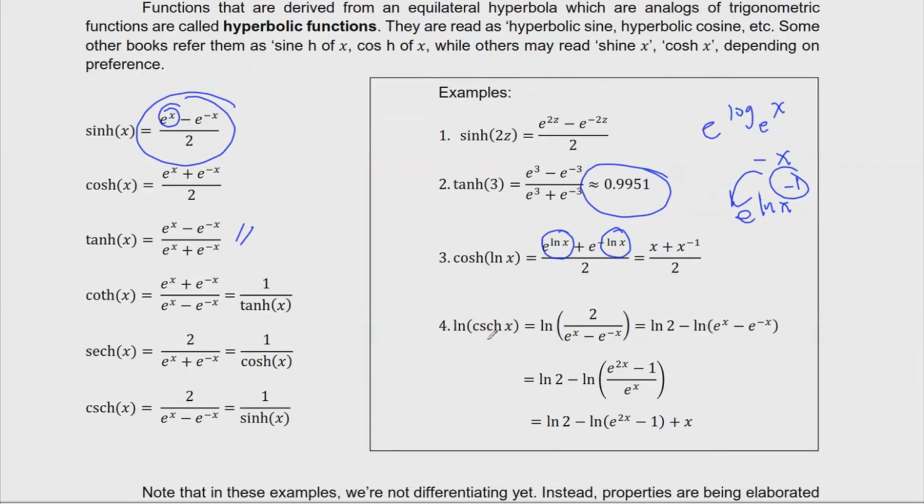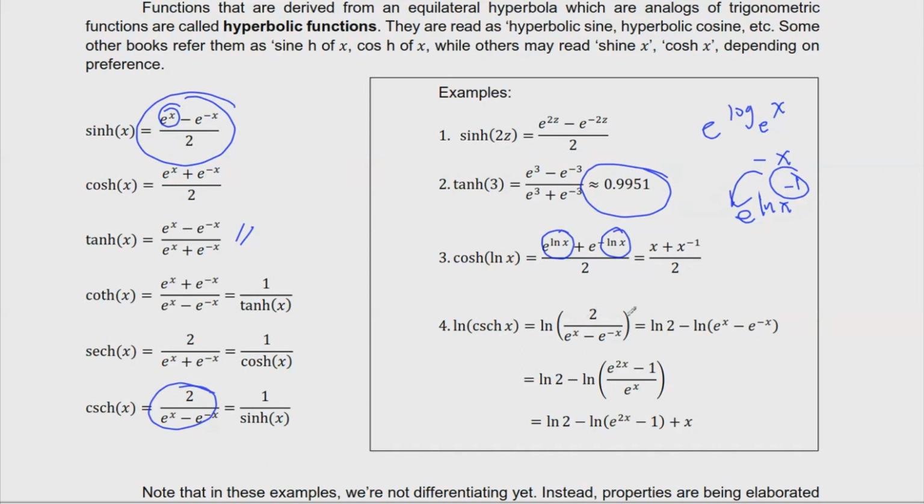Now lastly, we have this ln of cosecant hyperbolic of x. That is equal to ln of this expression, and that is perfectly true, because if you look at this cosecant h of x, that's actually the same expression. So you just have to take the ln of that, and by virtue of rule number 3, I think, in logarithmic functions, we can do this.